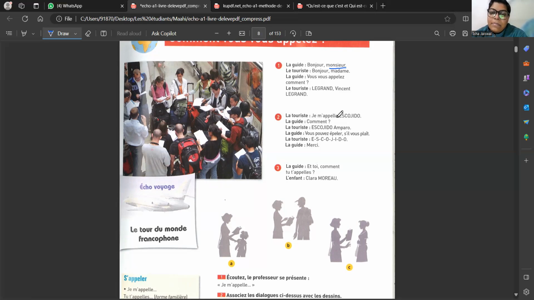In French, you cannot take a meaning out of every word. It's not like English, where you can literally change every word.